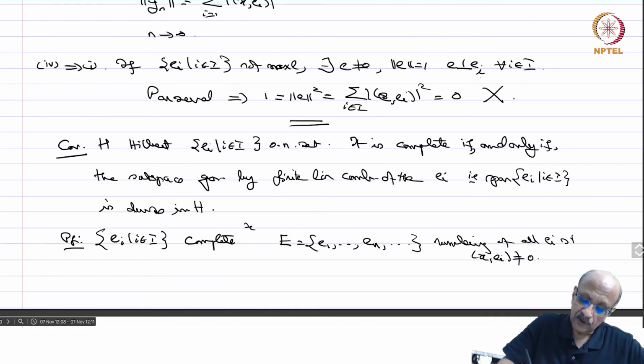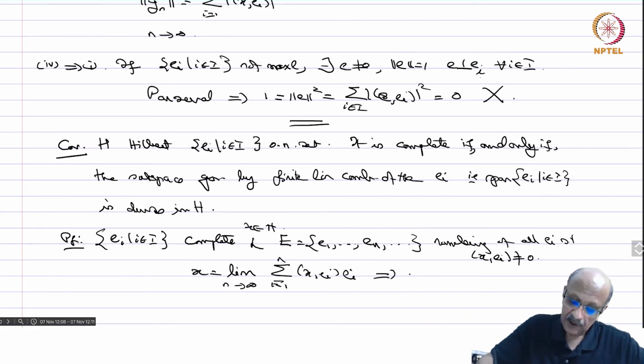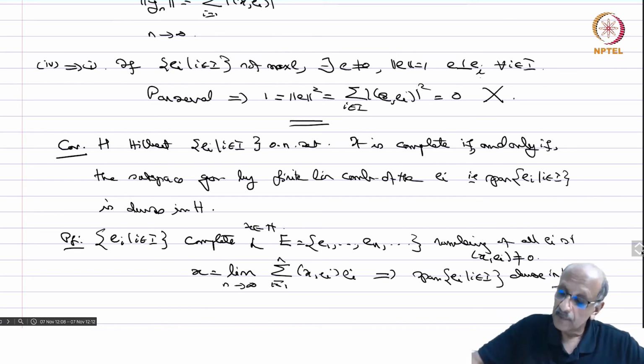So let x belong to H. Then we know that x is the limit as n tends to infinity of the sum from i equals 1 to n of (x, e_i) e_i, and therefore the span of e_i, i in I, is dense in H. Every element can be approximated as a finite linear combination of these.